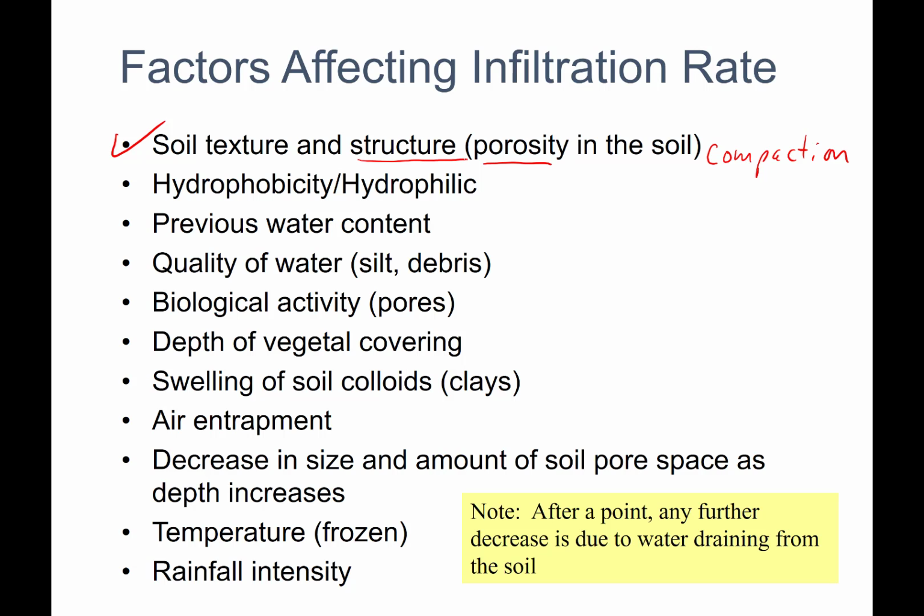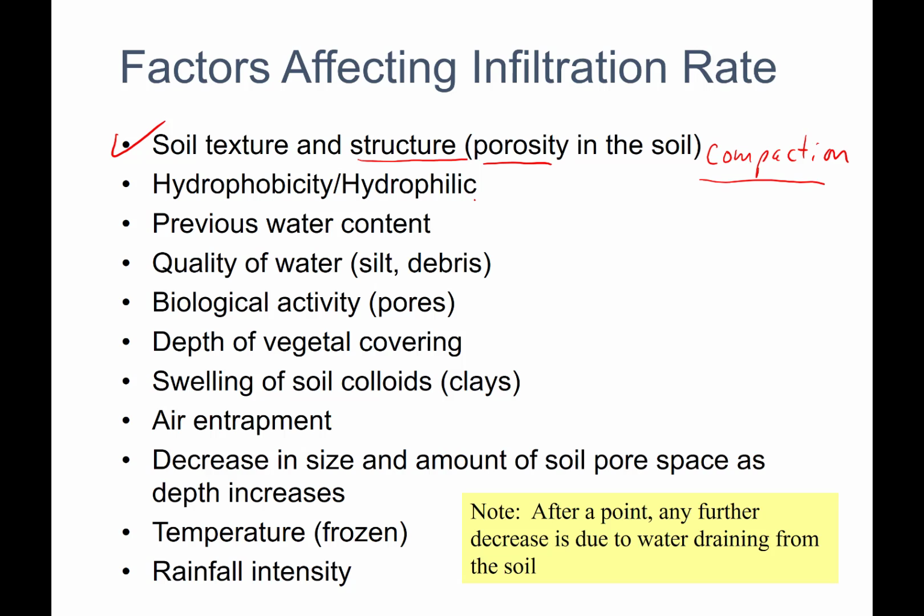With a more platy, compacted structure, you have less porosity, and so you reduce the infiltration rate. It's this compaction and change in structure where we oftentimes get overland flow from rain precipitation, because the water can't infiltrate into the soil rapidly enough, and then it starts running over the surface of the land, which speeds up its delivery to streams, but also creates greater soil erosion.